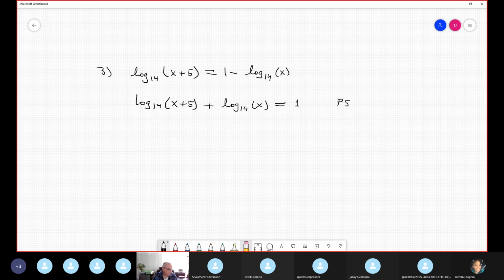Property number 5 says logarithm base 14 of the multiplication of this expression and this expression, x times x plus 5. Don't forget the extra parenthesis or square bracket, doesn't matter. Equal 1. Now the crucial moment: conversion to exponential statement.